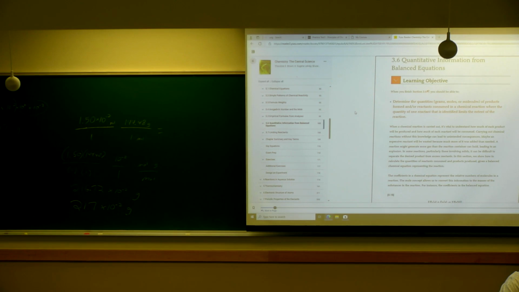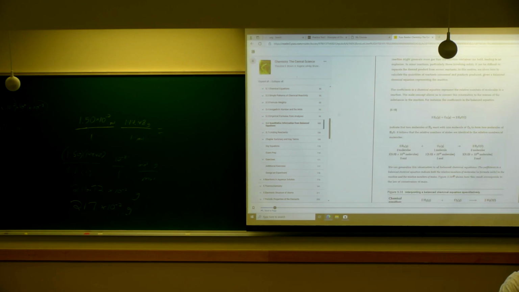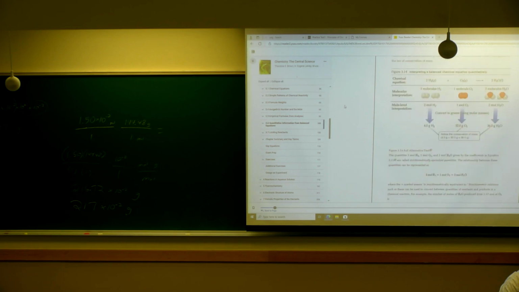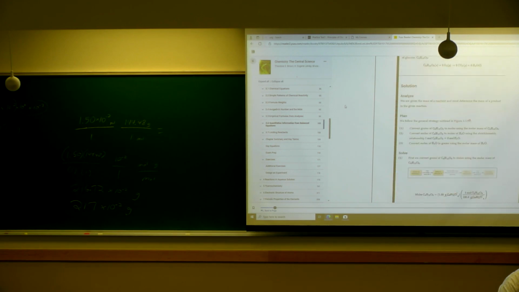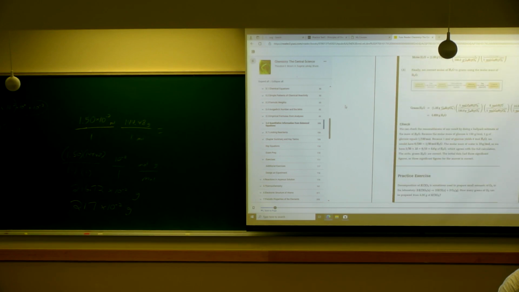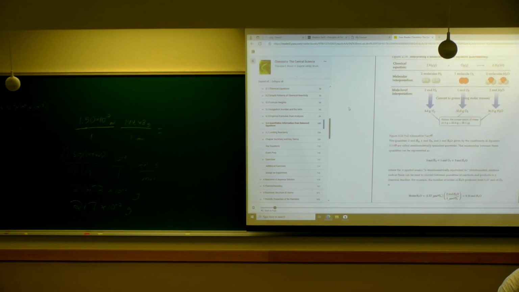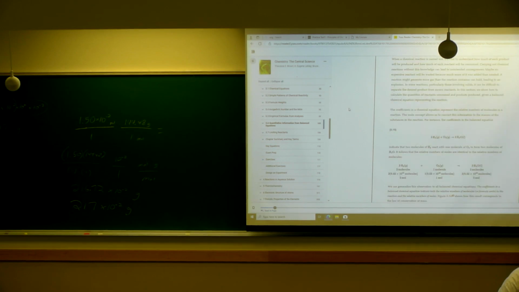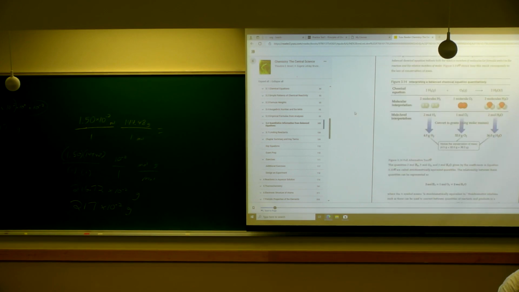Quantitative information from balanced equations. Previous section said something about balancing equations. I don't find it all that instructive to make you balance equations, but being able to use the balanced equation is what's important. That seems like a short chapter.